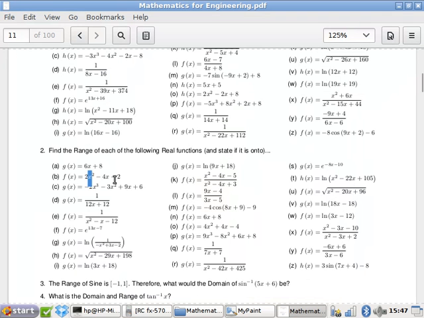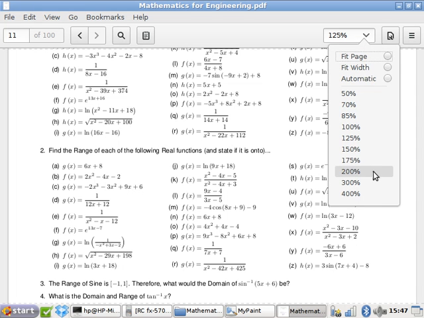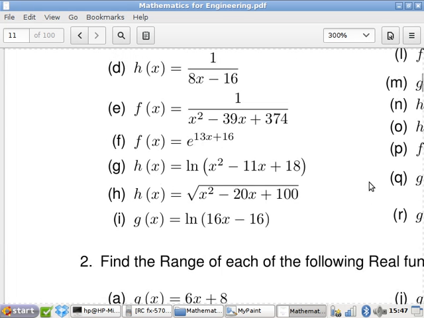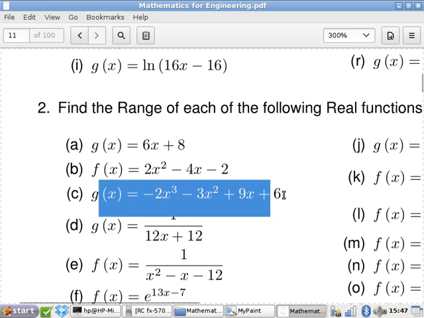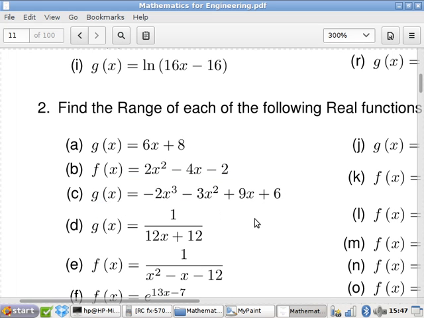We've just done a quadratic. But what about a cubic? What is the range here, guys? It's a cubic one. We can try. The range is done.